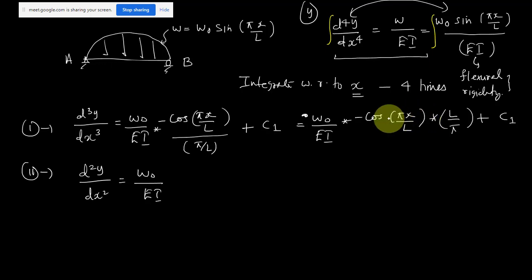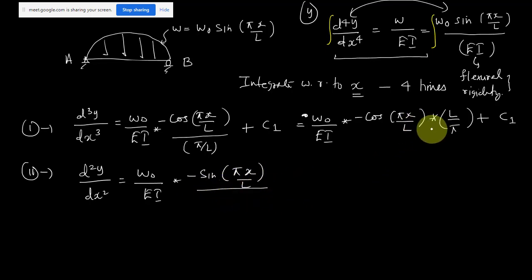What is that integration? The derivative of sine is cos, so the integral of cos is sine, and the minus is already there. So minus sine of pi x by l, divided by pi by l.